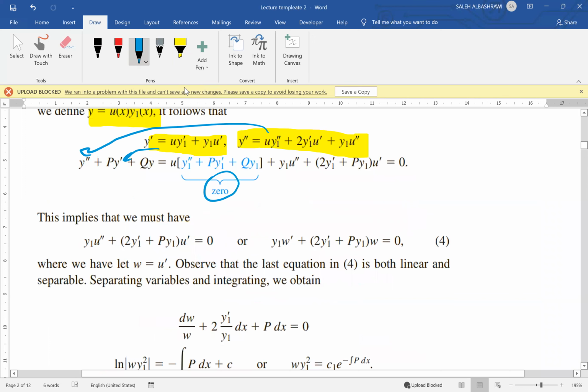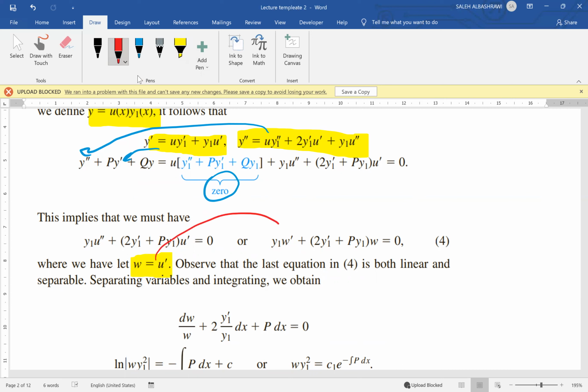So we will end up with y1 u double prime plus 2 y1 prime plus b y1 u prime. Now this is a second order differential equation, and we need to reduce it to first order. So we substitute u prime equal to w, so the equation will be converted to a first order differential equation.